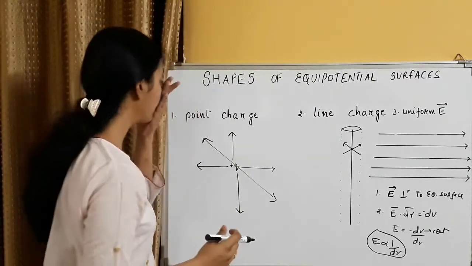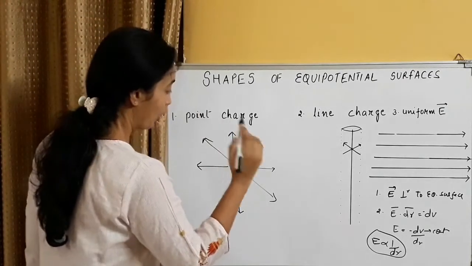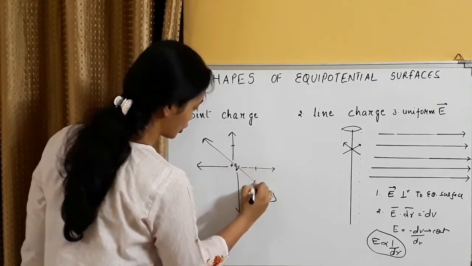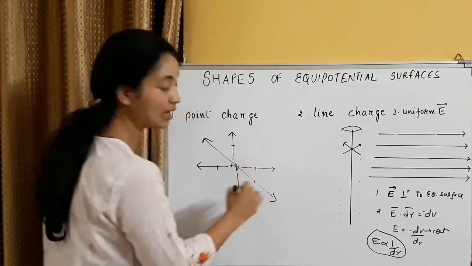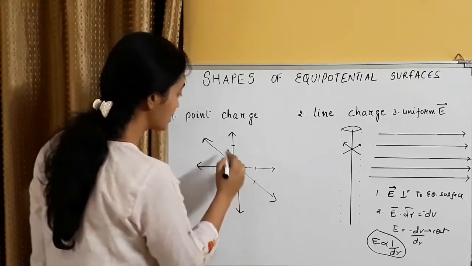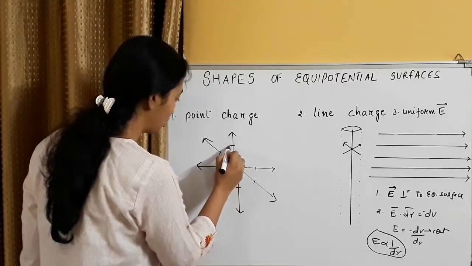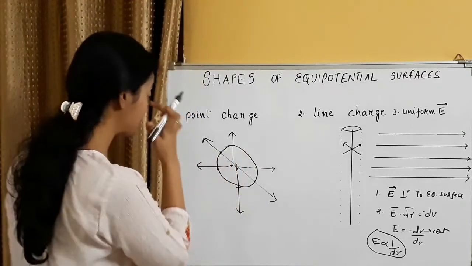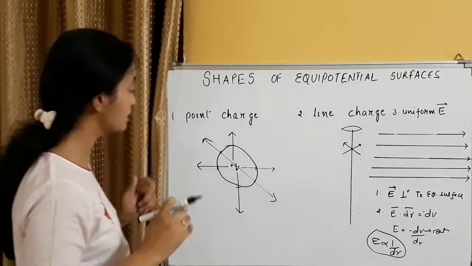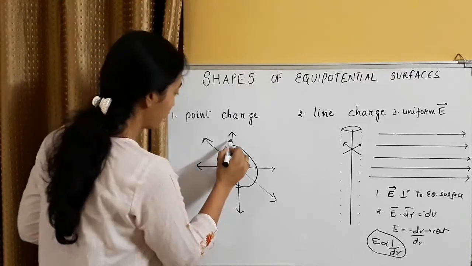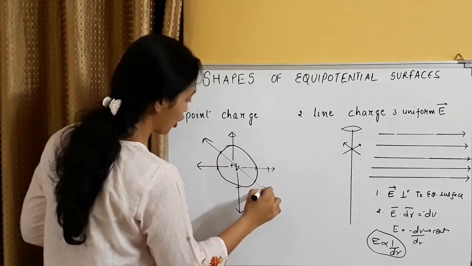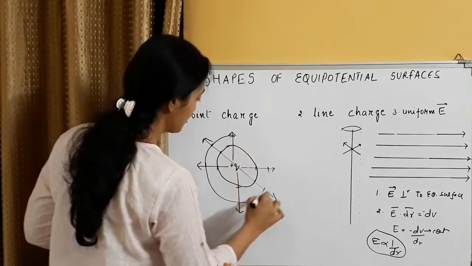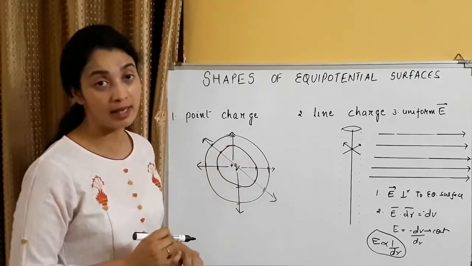Now I will mark the perpendiculars from equal distance of Q, and when I join all the perpendiculars, what will I get? Geometrically I am going to get something of the shape of a sphere. So if I take far off distances, the perpendiculars joining, we get concentric spherical shells.